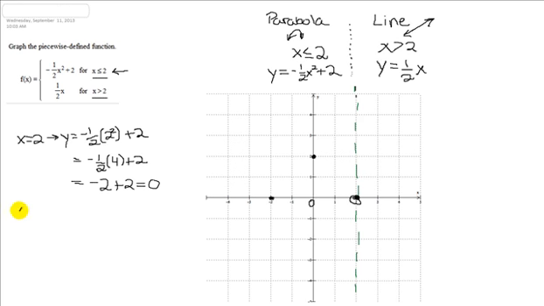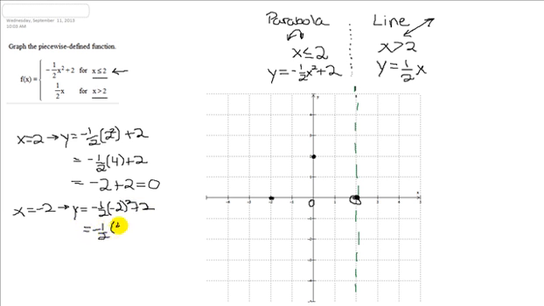Now, it's nice if you know parabolas are symmetric across the y-axis, so I'm also going to have a point here at negative 2, 0. If you're not sure about that, you can plug in just any other x value less than 2. I like the even numbers just because then when I multiply by that 1/2, I get a whole number and not a fraction.